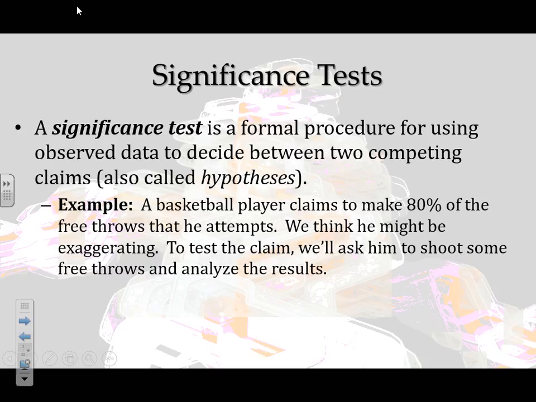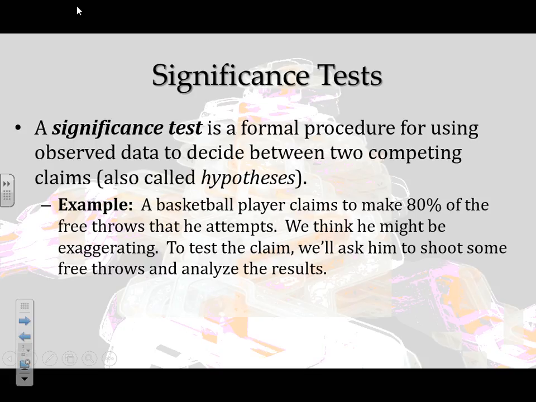So an example, a basketball player claims to make 80% of his free throws. We think he might be exaggerating. So we think he doesn't actually shoot 80%. To test the claim, we would ask him to shoot some free throws and then analyze those results. So we have two competing claims. He's saying he truly shoots 80%. We think he's exaggerating.